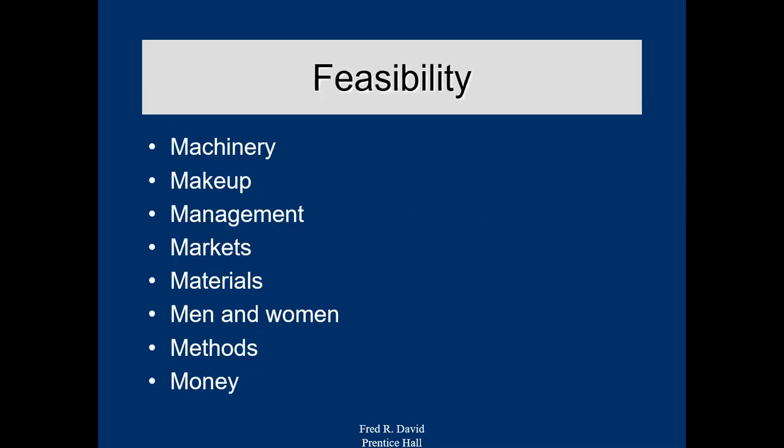The second filter we have is known as feasibility. And in feasibility, we talk about the 8 M's model. The 8 M's model is composed of machinery, makeup, which means organizational structure and arrangements, management, markets, materials, men and women, methods, and money.